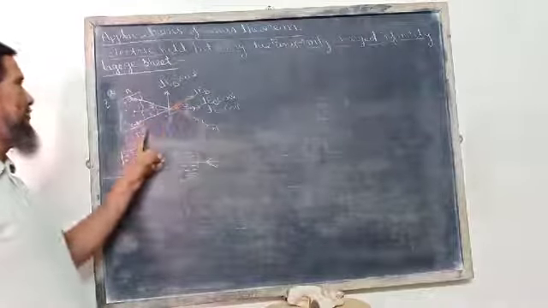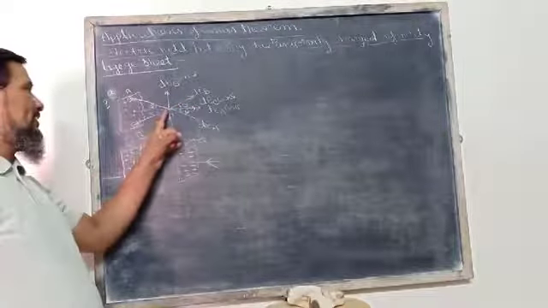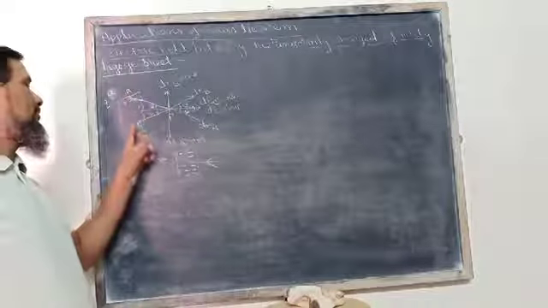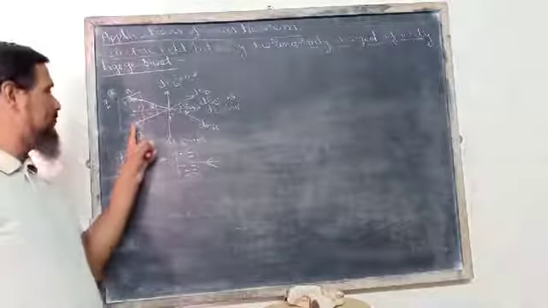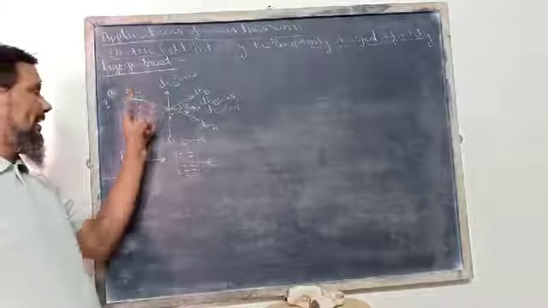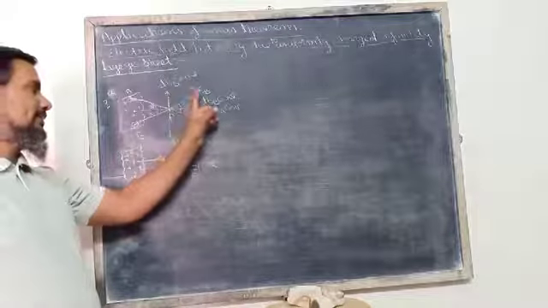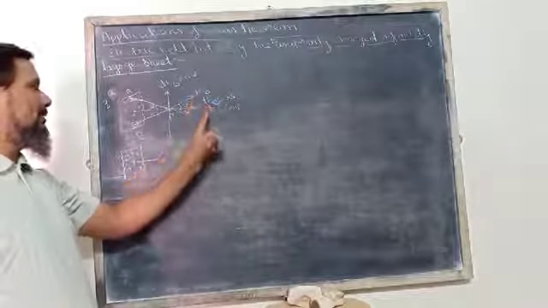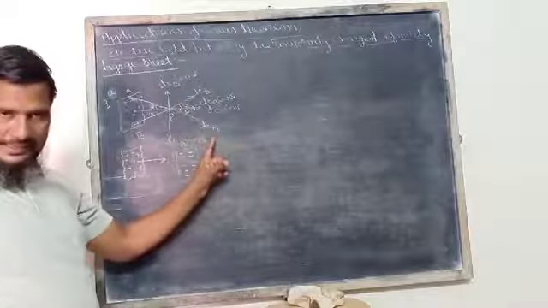Again I am explaining. First of all we consider a point P at a certain distance R, then we consider two element areas A and B, and the electric field intensities due to element areas A and B are dEB and dEA.